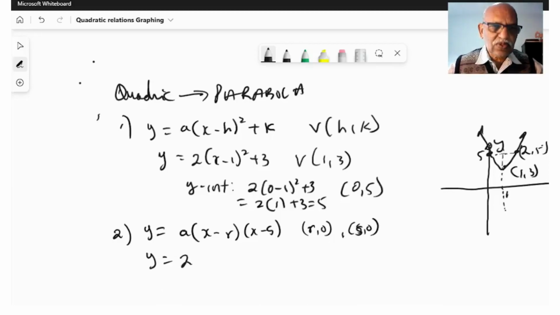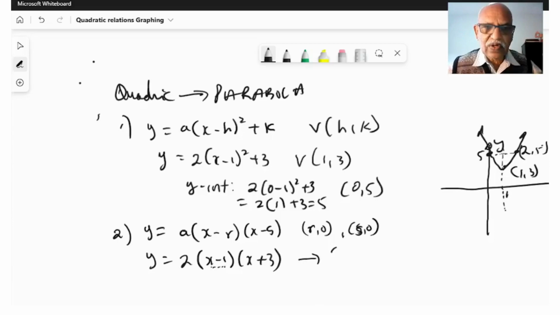Y equal to 2(x minus 1)(x plus 3). We have two x-intercepts here. X-intercepts are whatever makes this equal to 0. Therefore, x-intercepts are (1, 0). It's not (1, 3). (1, 0) and (negative 3, 0).